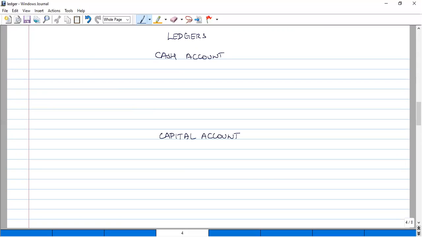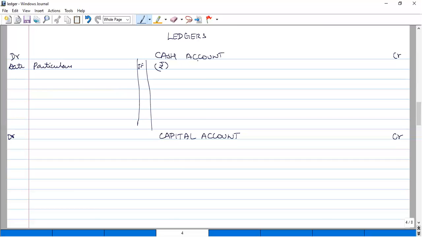Always this side will be debit and this side will be credit for any ledger we are preparing. On the debit side you will have date, particulars, then you will have journal folio, that is the page number of the entry which is posted here, and then amount.